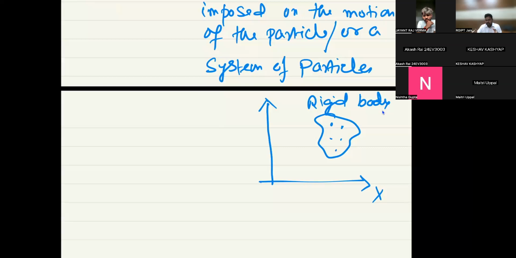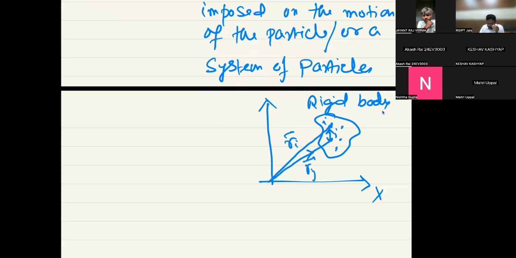It is composed of, let's say, n number of particles. But in the case of a rigid body, the distance between any two particles always remains the same. Let's say this is the ith particle and this is the jth particle, and the distance between them will always remain the same. Represent them by Ri and Rj.